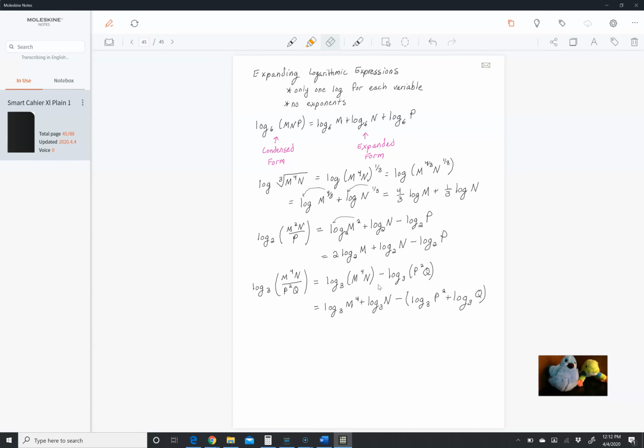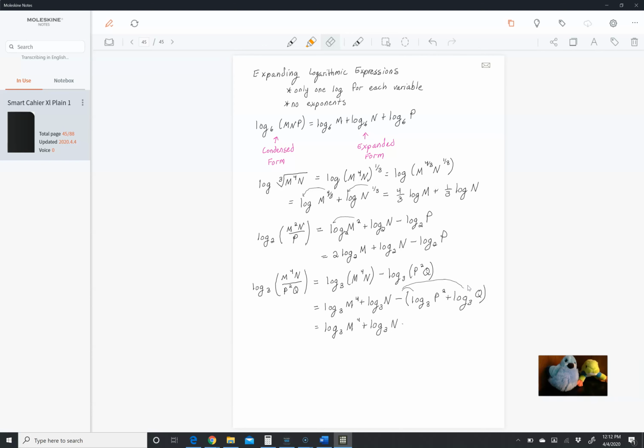Notice, be careful to put in your bases. Okay, so now we can distribute this minus. So the minus gets distributed, which gives us log base 3 of m to the 4th plus log base 3 of n.